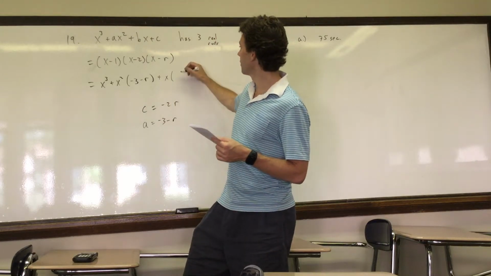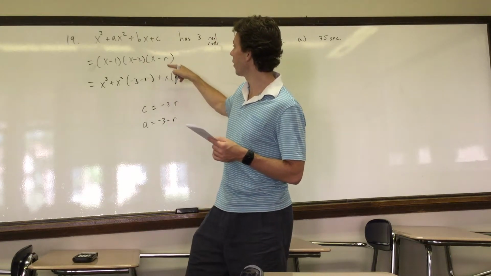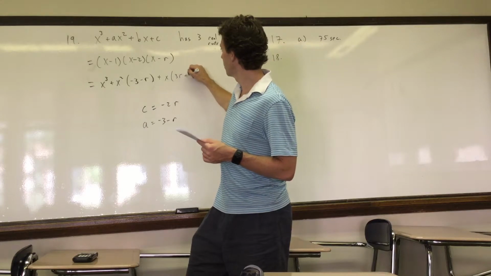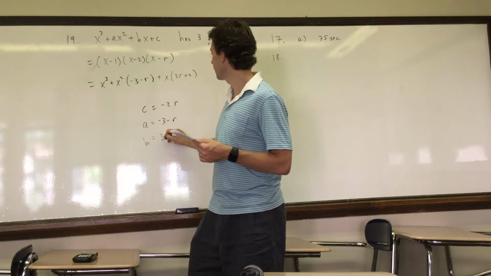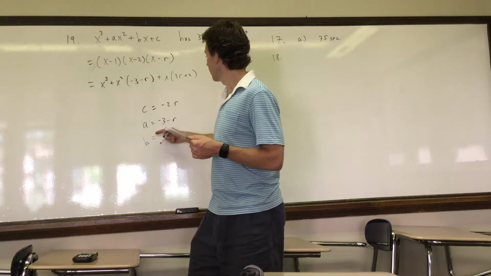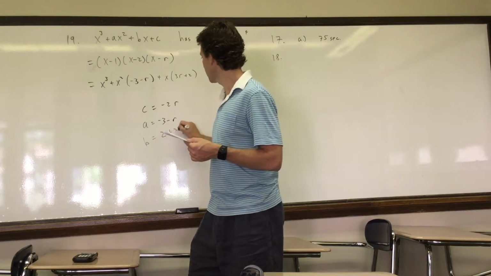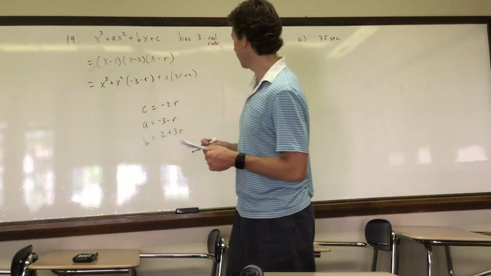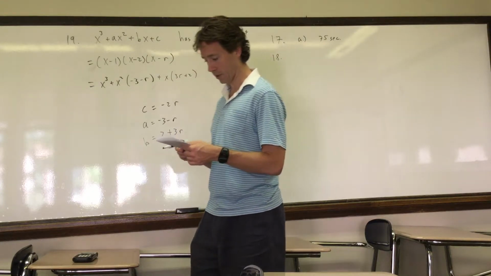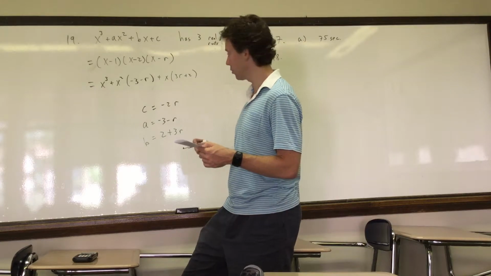And b is going to be 2 plus 3r. Alright, so I have those three facts. Now let's see which one of these is possibly true.